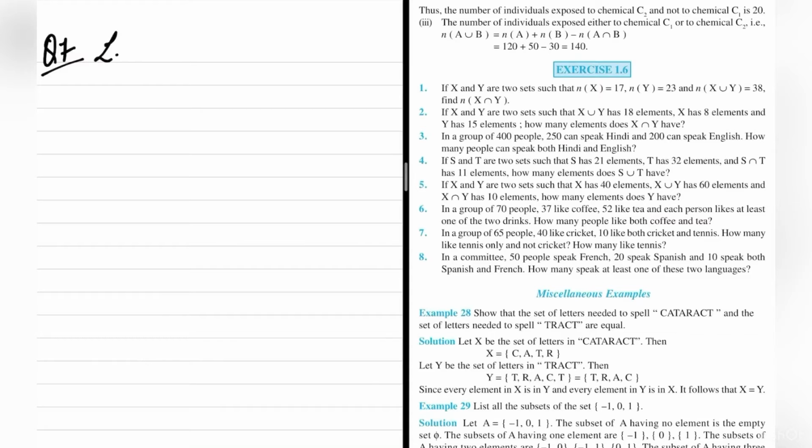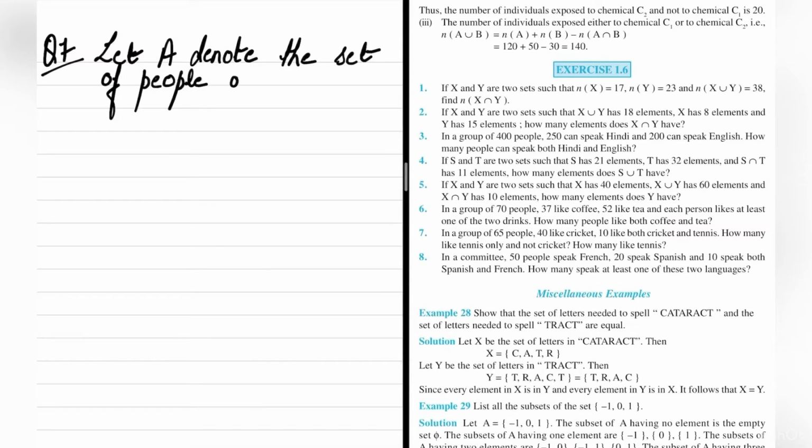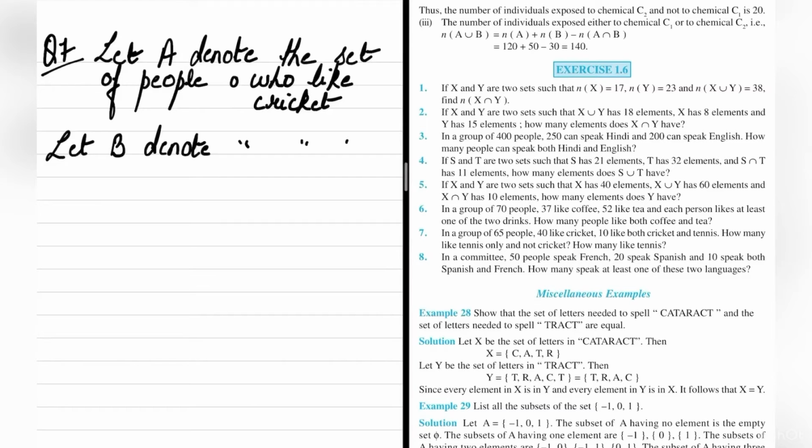So let A denote the set of people who like cricket, and let B denote the set of people who like tennis.